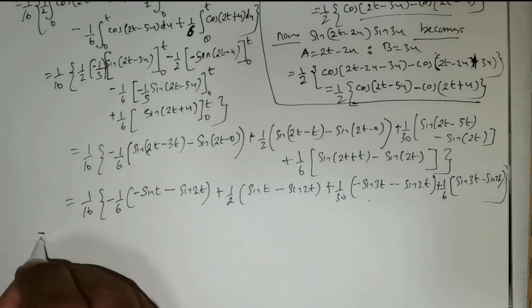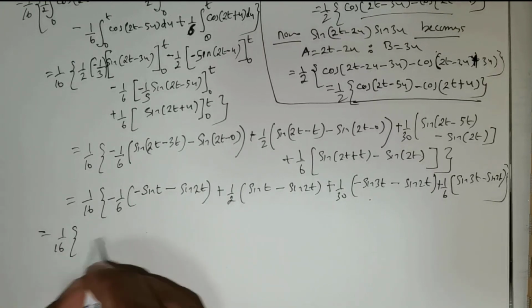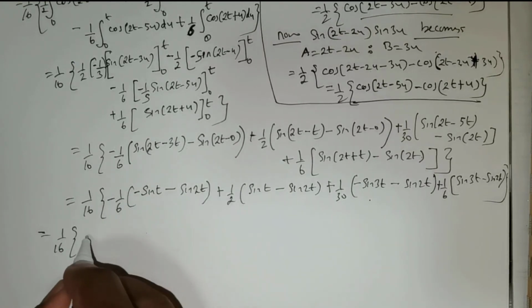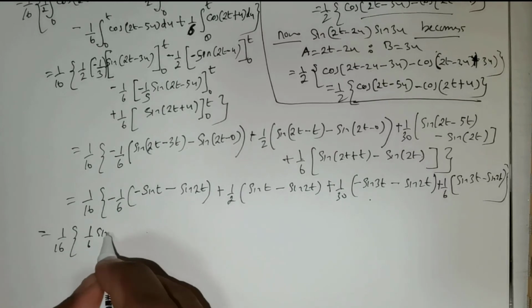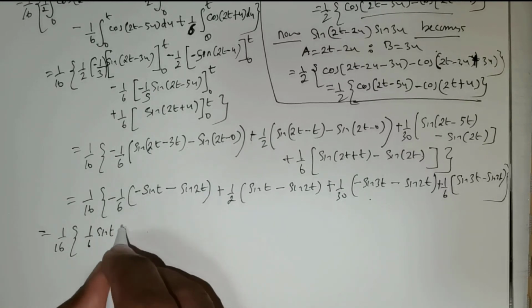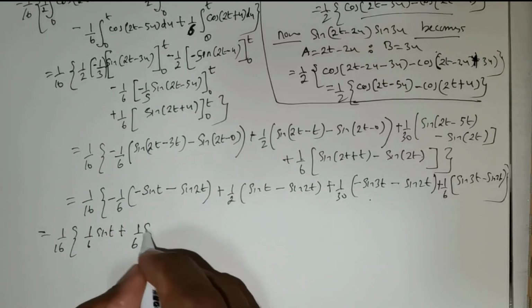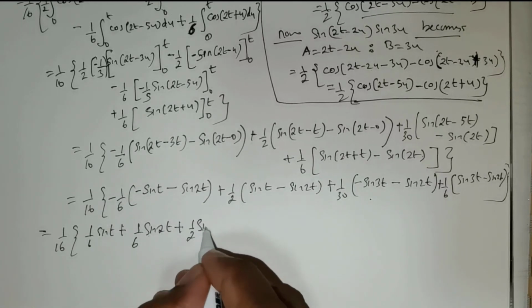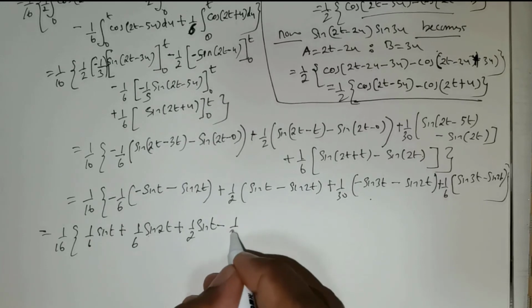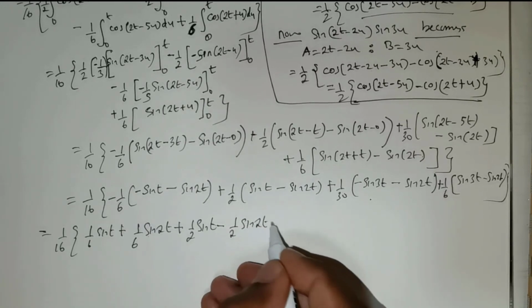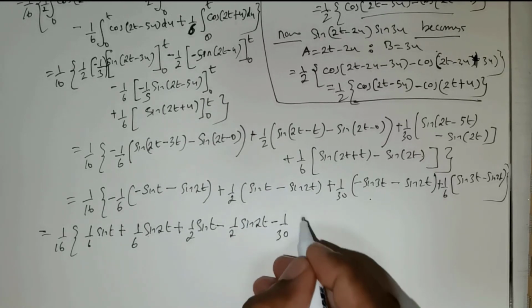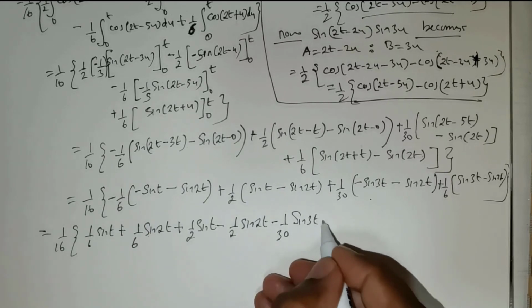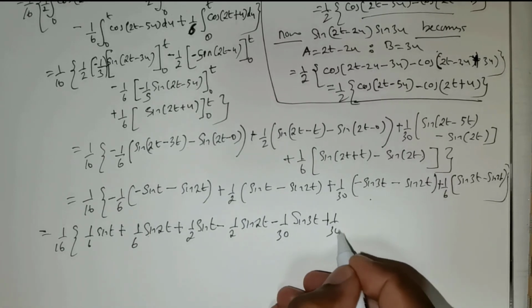So this is equal to 1 over 16 times negative negative positive, so 1 over 6 times sine t, negative negative positive 1 over 6 times sine 2t, positive 1 over 2 times sine t, negative 1 over 2 times sine 2t, negative 1 over 30 times sine 3t, positive 1 over 30.